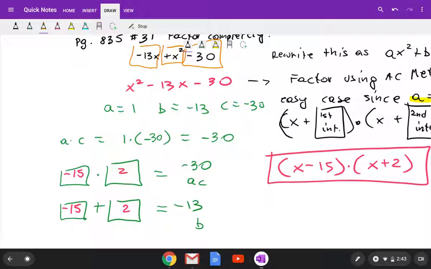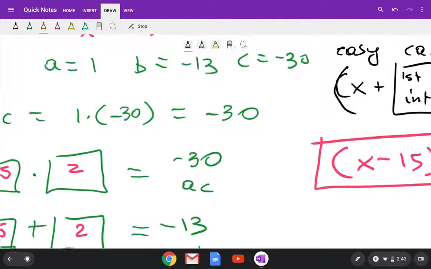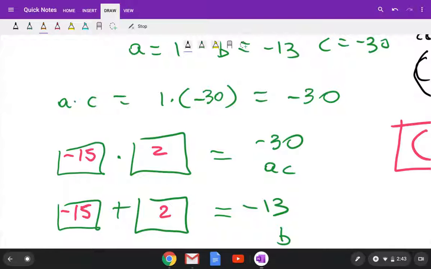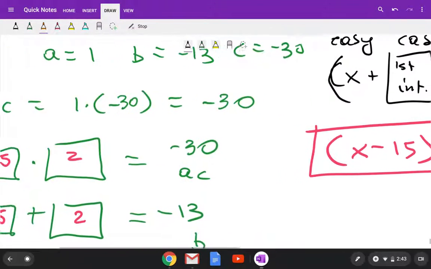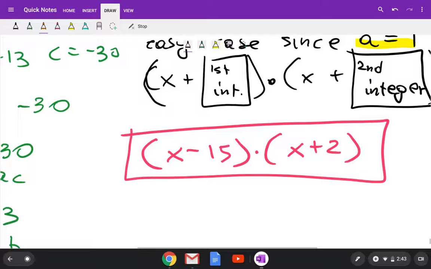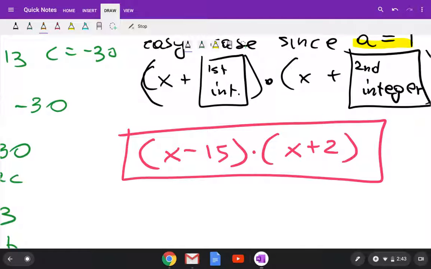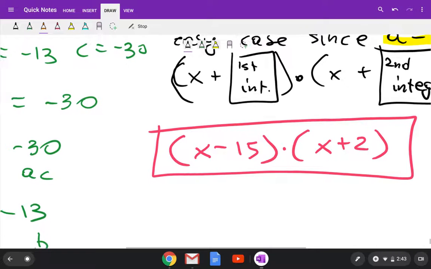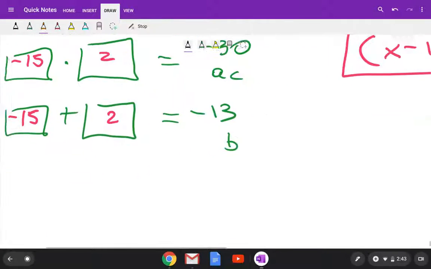Like you see in this problem, negative 15 and positive 2 work. Negative 15 times 2 gives you negative 30. Negative 15 plus 2 gives you negative 13. So when you have those integers, you create your two factors, x plus first integer times x plus second integer. So in our case, it's x minus 15 times x plus 2.